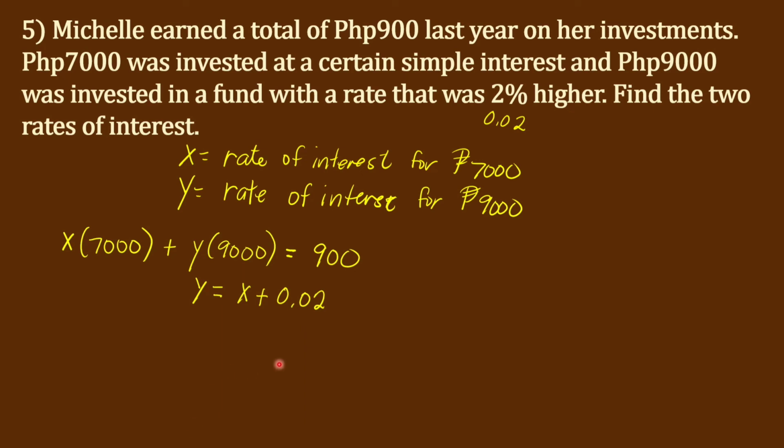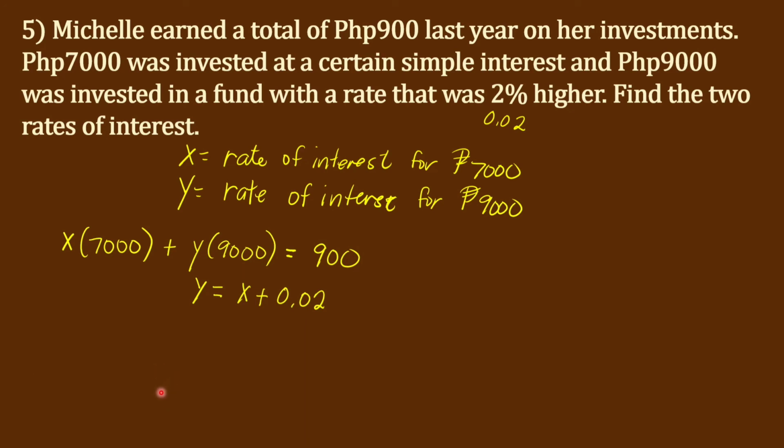Okay, it's transformed into decimal form because x and y here are decimal. Remember in the previous example, we changed the interest rate into its decimal equivalent. Multiply it to the investment, corresponding investments that is equivalent to a total of this investment, right?